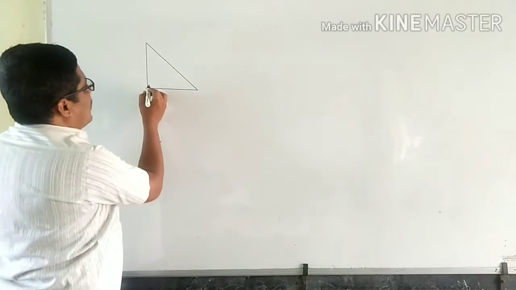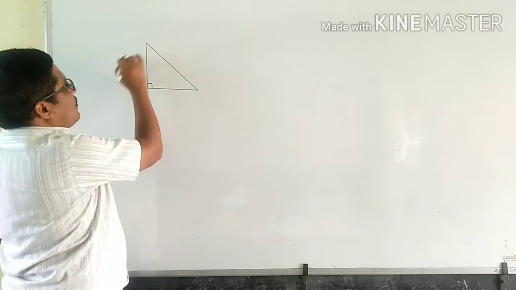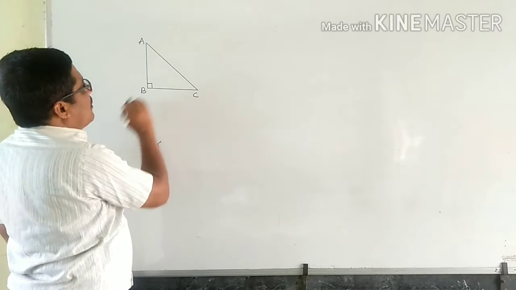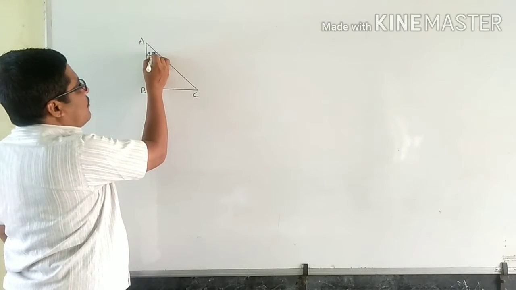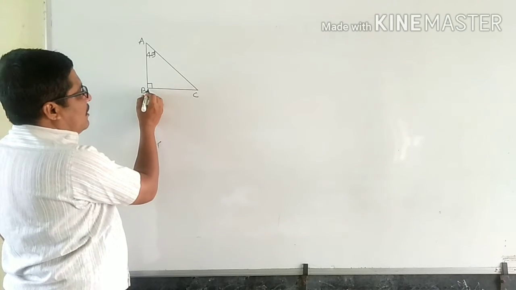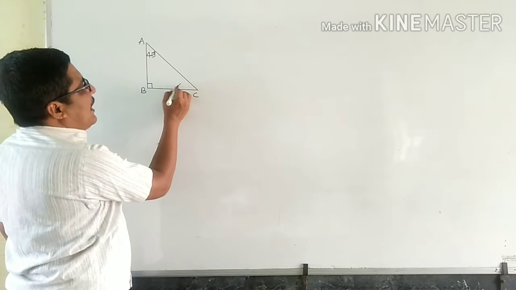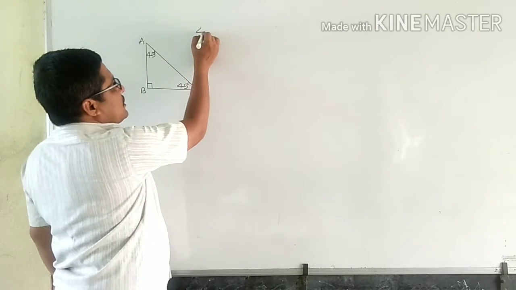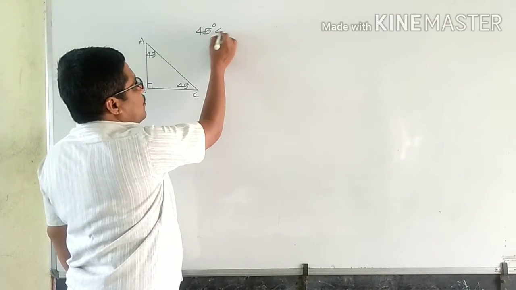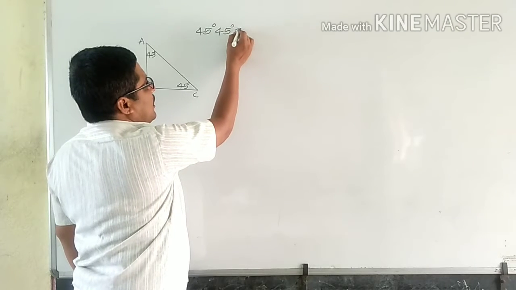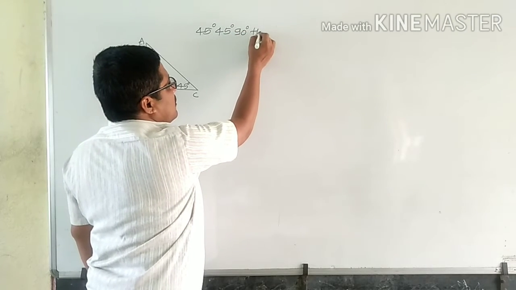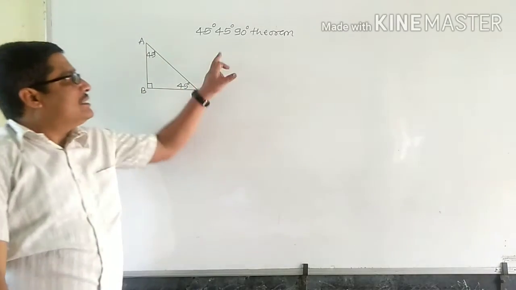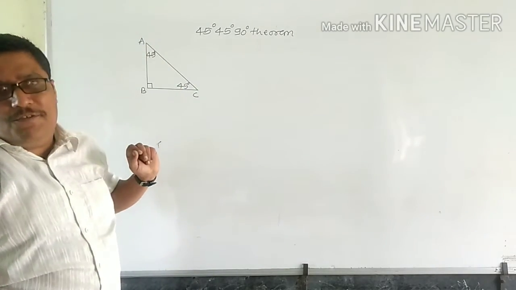So this is a triangle of 45, 45, 90, where angle A is 45 degree, angle B is 90 degree, and angle C is 45 degree. So this is the 45, 45, 90 theorem. The theorem is: the side opposite to 45.